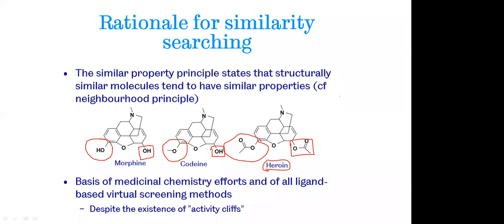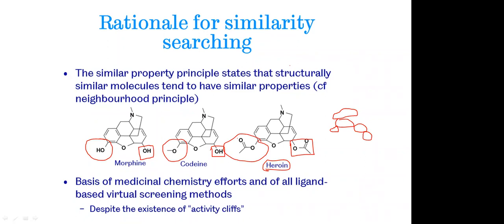So in the similarity searching method, if we take one compound and search for similar compounds, we will get compounds whose main backbone structure is the same with extra side chains. This searching can be geometry based.